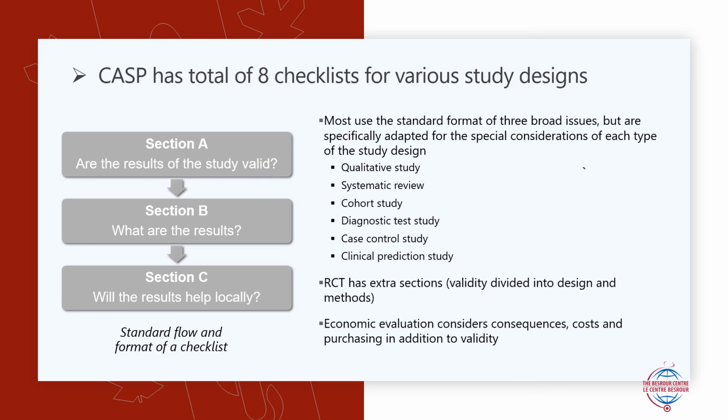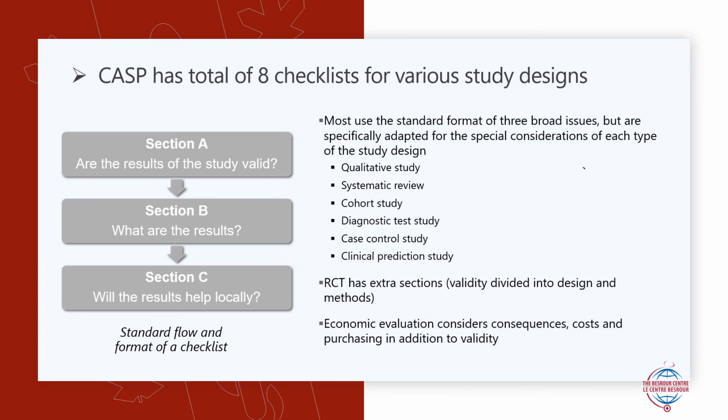The RCT, the randomized controlled trial checklist that we went through, has an extra section. So section A is divided actually into 2 separate sections. So then there's A, B, C, and D there. That's the only difference. And the economic evaluation checklist also has 4 sections because with economic evaluations, we have to consider consequences, costs, and purchasing in addition to validity.